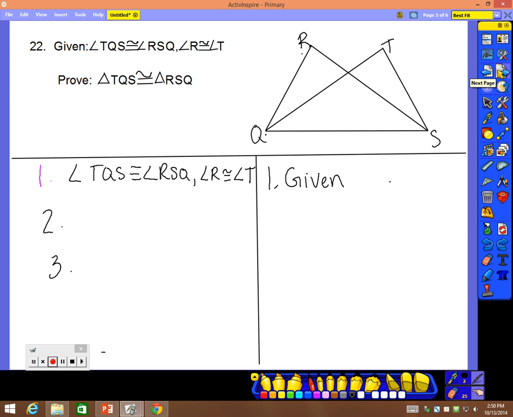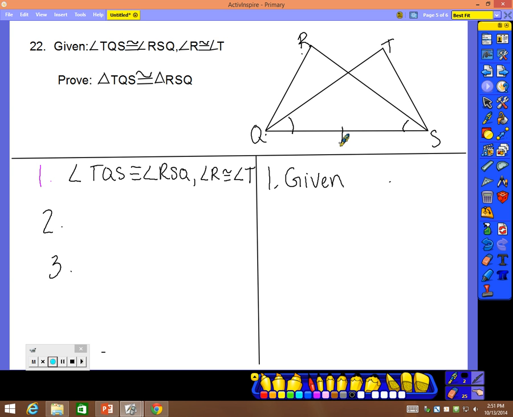And finally, our last one, 22. Our given says to us that angle TQS, this little angle right here, is congruent to angle RSQ. So that would be this little angle here, okay? So I've got two angles, and I notice that I do have a common side right here, QS and SQ. So I'm going to give that a side.